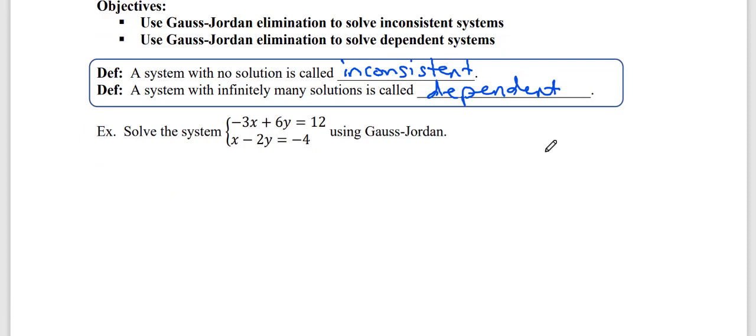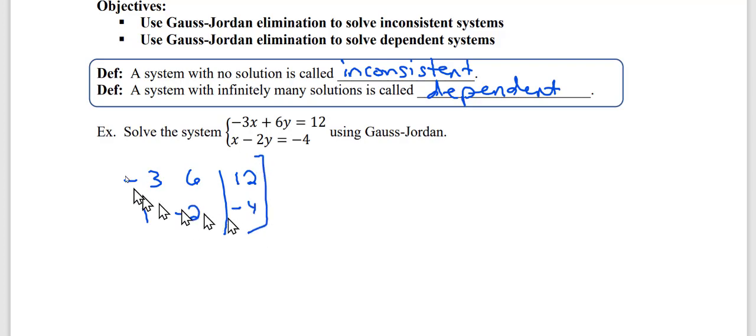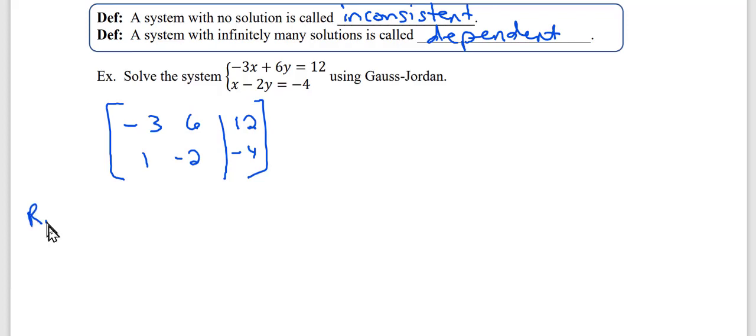Solve the system using Gauss-Jordan elimination. Here, our augmented matrix is -3, 6, 12, 1, -2, -4. My first step here would be to switch row 1 and row 2. And I want to do that so that I have that 1 in the top left corner.